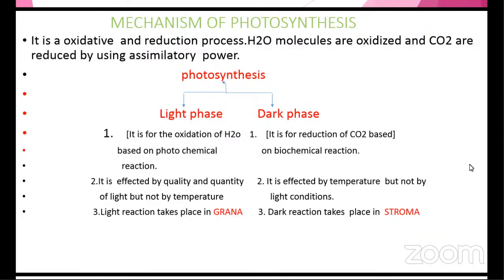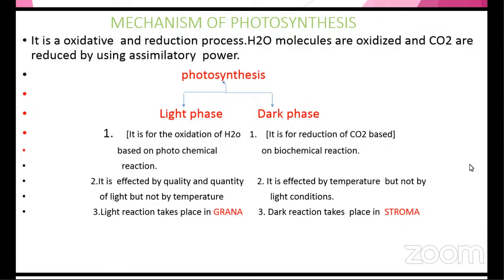Then the next important phase is the dark phase. Photosynthesis is completed in two phases. The first one is the light phase, second one is the dark phase. Now we have just seen the light phase and its characteristic features. During the light phase, there is oxidation of H2O based on a photochemical reaction.